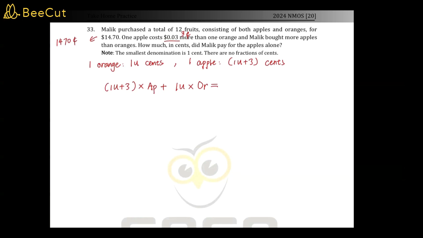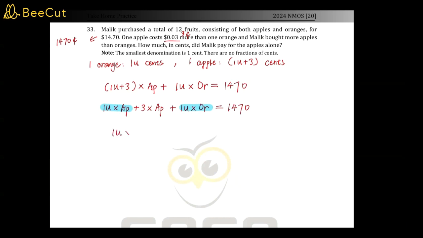So this adds up to 1,470. Now let's simplify it. 1 U times number of apples plus 3 times number of apples. And this is 1 U times number of oranges equals to 1,470. Let's group these two together.